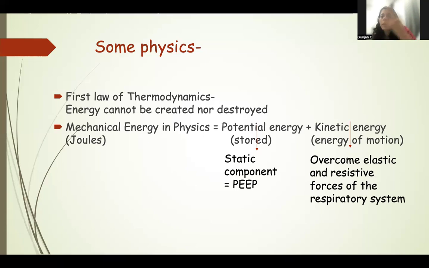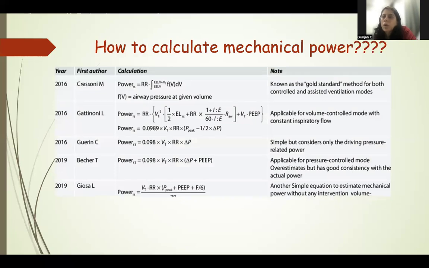Okay, so mechanical energy is in joules. And when we put this in a time frame, because we are delivering a minute ventilation, we are not delivering a static or one-time ventilation. It is happening multiple times during a minute, and that is why we have to take it per minute. And that becomes the mechanical power, that is joules per minute. So how do you calculate this mechanical power? There are various formulas.